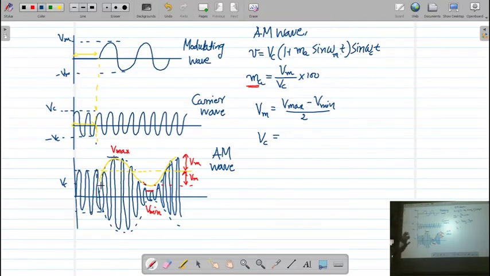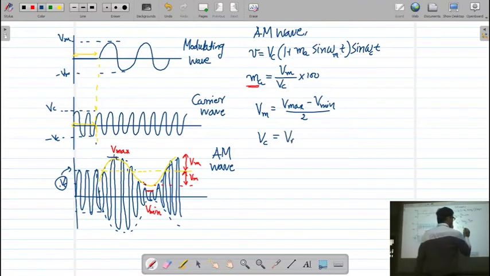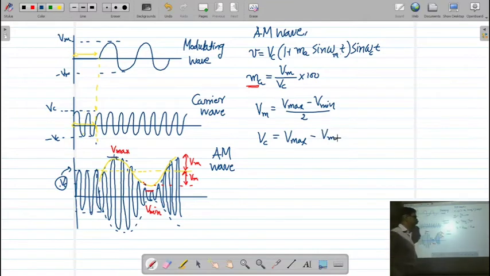Now if you see this waveform, this is Vc and we have V maximum. From this V maximum, if you subtract Vm, then you will get Vc. So Vc is equal to V maximum minus Vm. Remember, Vc is nothing but V maximum minus this much portion, and this portion is the Vm voltage.